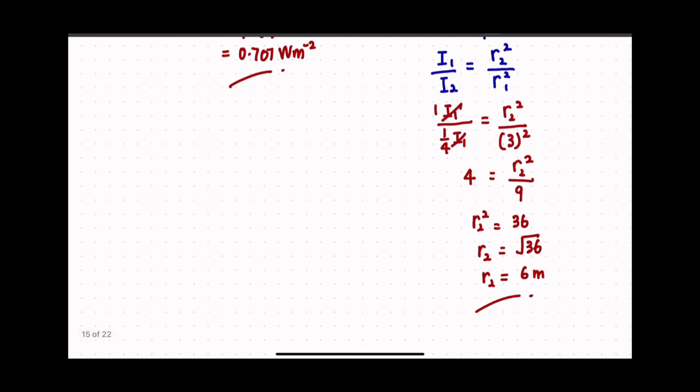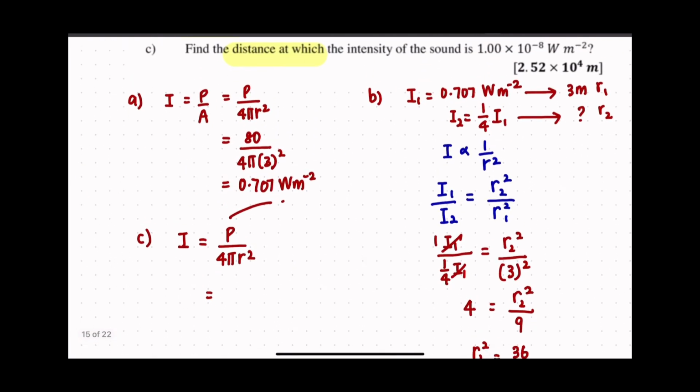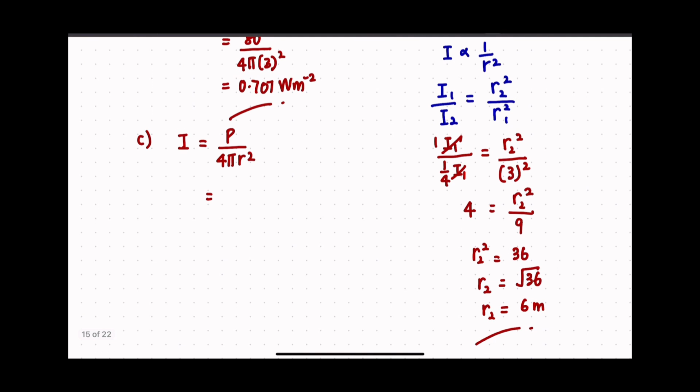Alright, so part C. Intensity is equal to power divided by area, which is 4 pi r squared. The intensity given in the question is 1 times 10 to the power of negative 8, and P is 80, over 4 pi r squared. So 80 divided by 1 times 10 to the power of negative 8, and then divided by 4 pi.